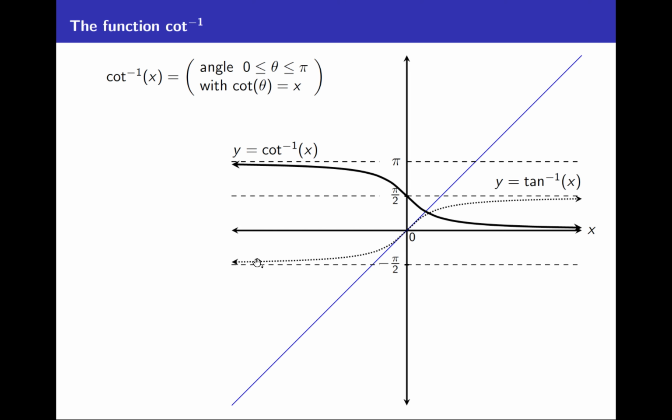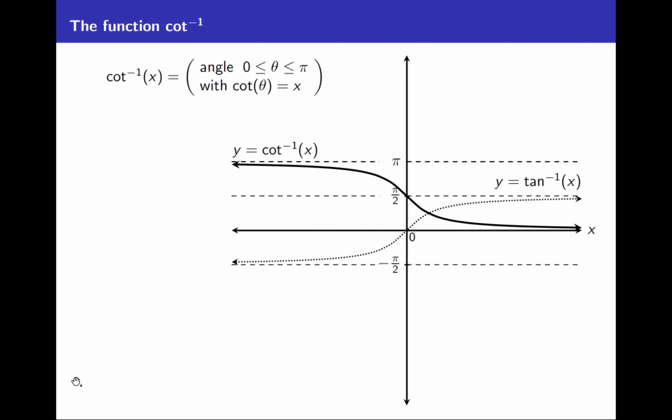And if you compare the graphs of cotangent inverse of x and tangent inverse of x, notice that you can get cotangent inverse of x from tangent inverse of x by first reflecting tangent inverse of x across the x-axis, so it looks something like that, and then moving up pi over 2 units.